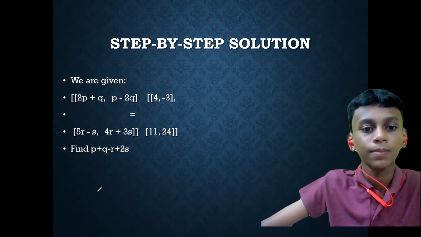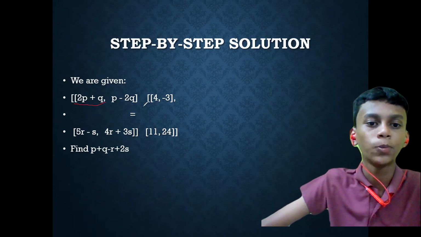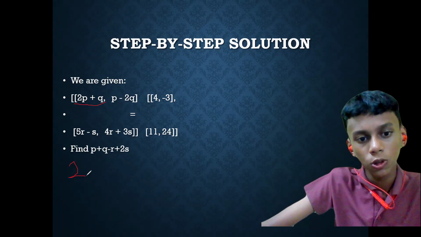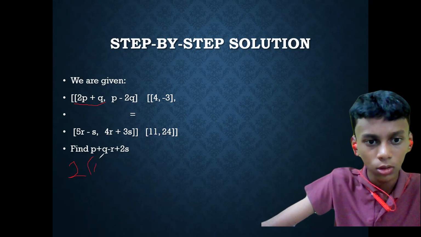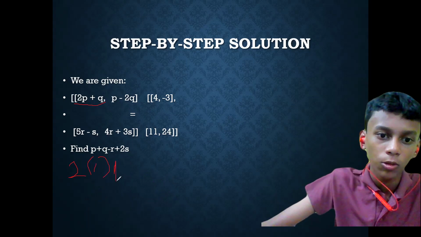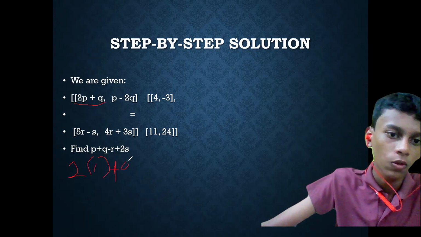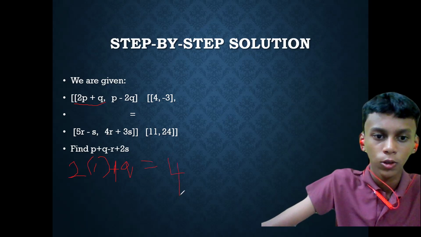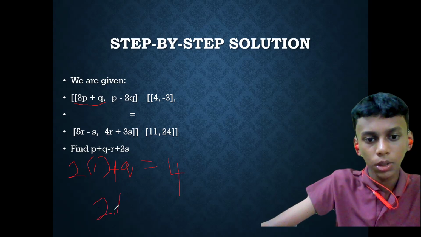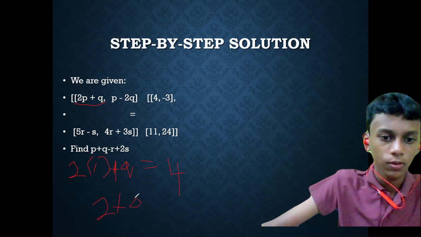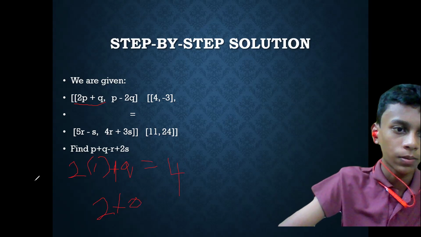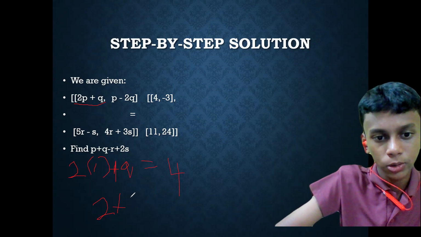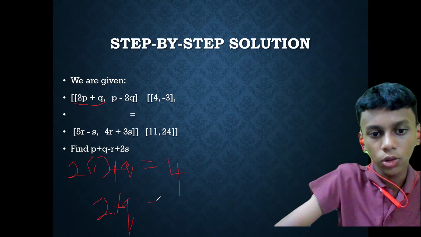Now what we'll do is substitute it in the 2p plus q is equal to 4 equation. So 2 into 1 plus q is equal to 4. So 2 plus q is equal to 4.